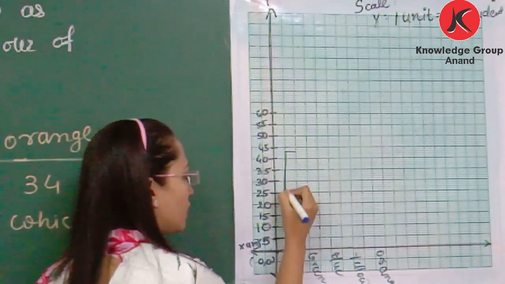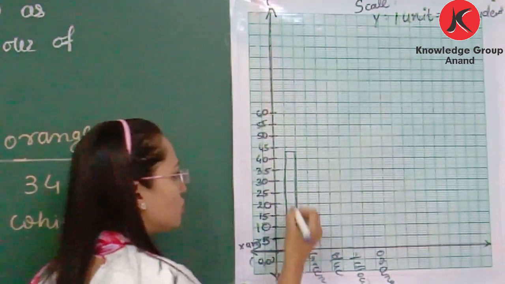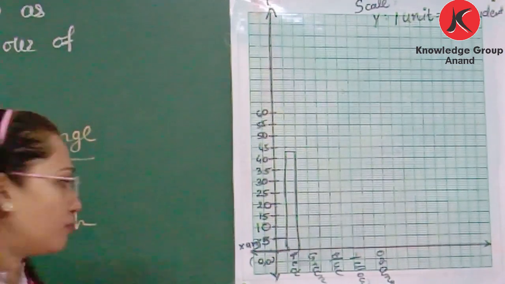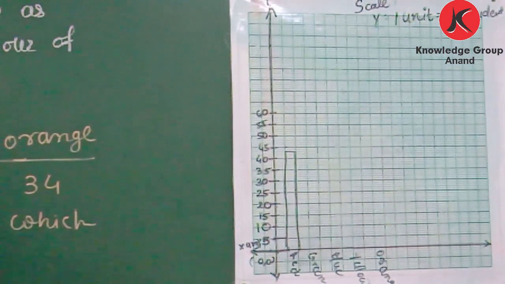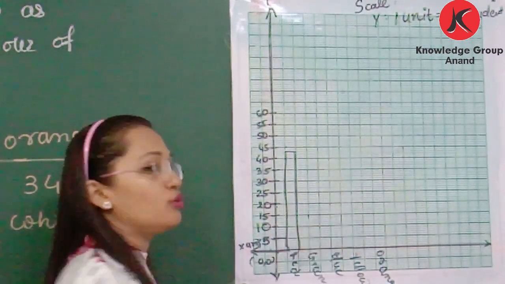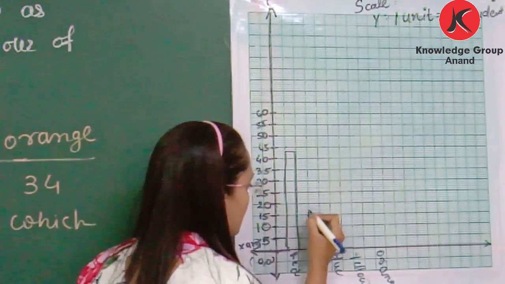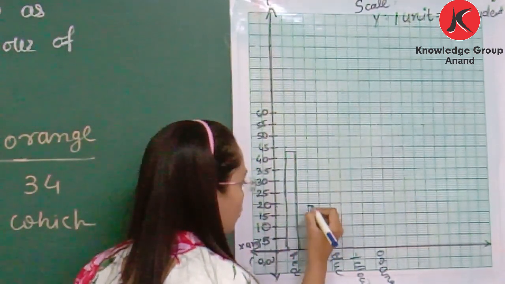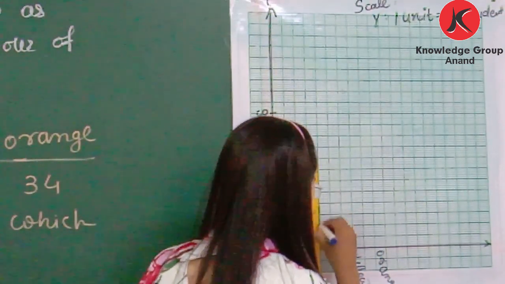So draw this bar with the scale. Now green color is liked by 19 students. So after 15 you need to take 4 lines: 15, 16, 17, 18, 19. Draw a vertical bar for green.